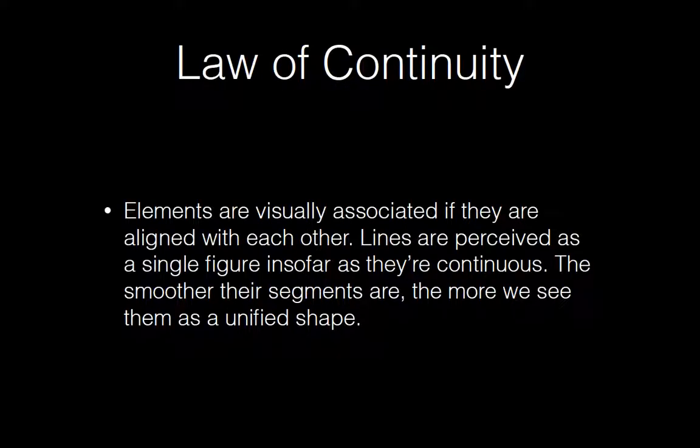Finally, the law of continuity. Elements that are visually associated because they're perceived to align with each other. So we're going to take these lines. Remember, we heavily talked about lines in our 2D elements lecture, but we see them as simple figures that we follow along. They point us where we need to look, and sometimes these lines interweave within each other.